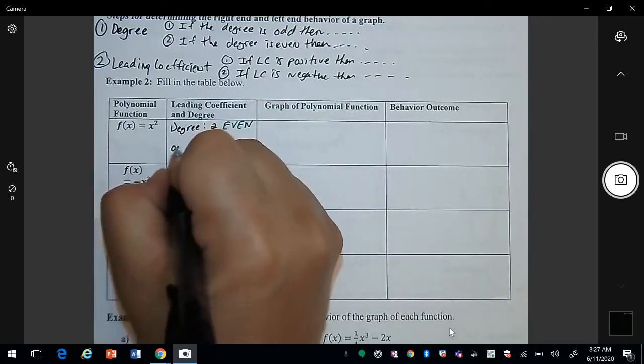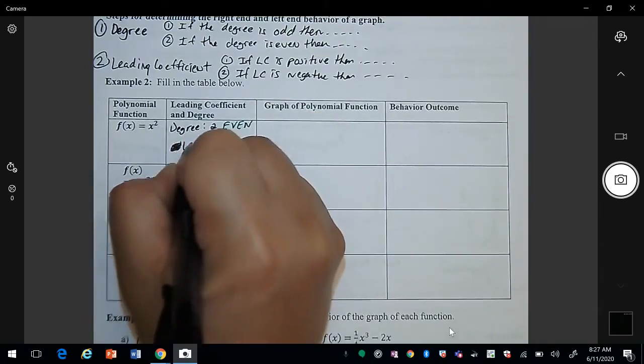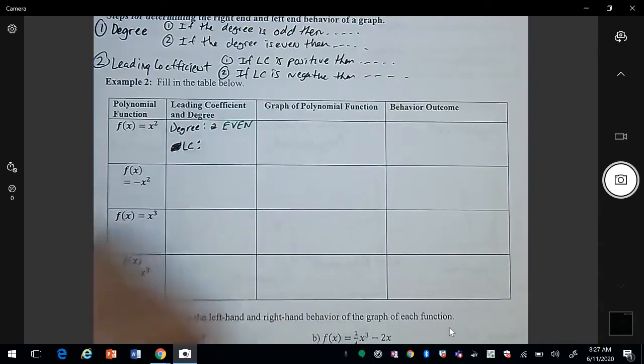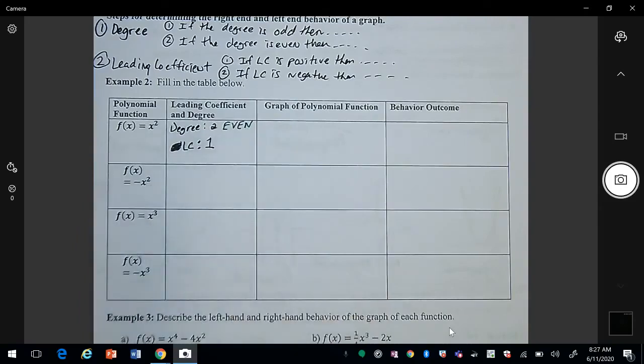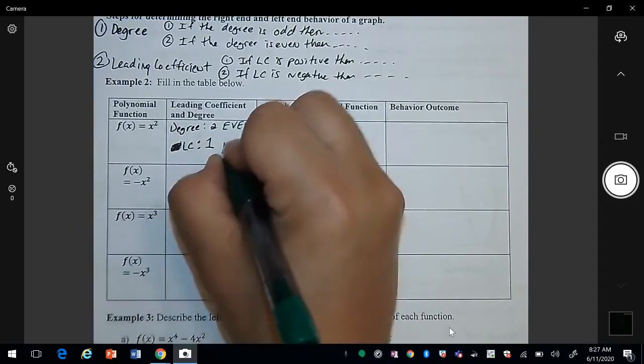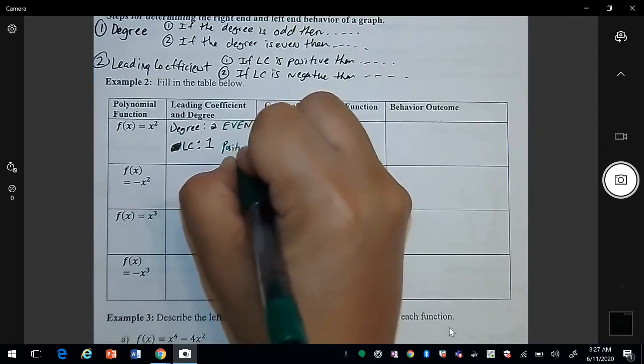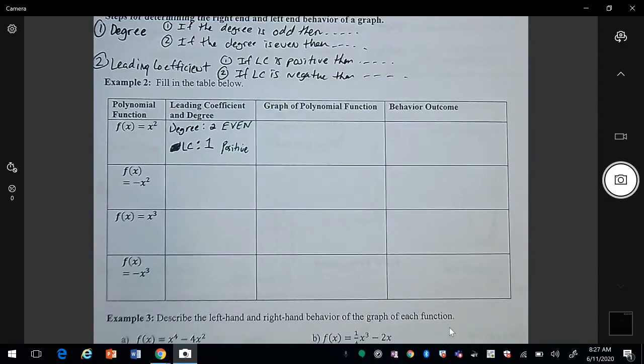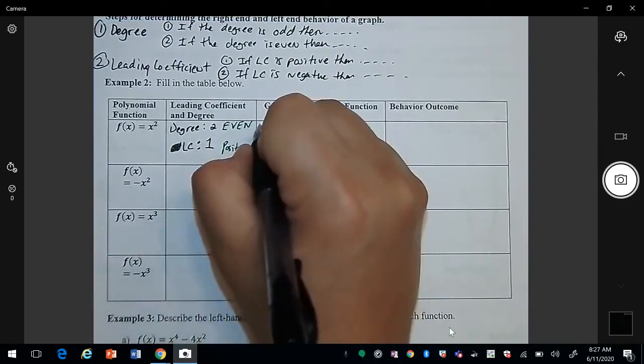And then the leading coefficient is 1, and that leading coefficient is positive. Okay, so let's look at the graph.